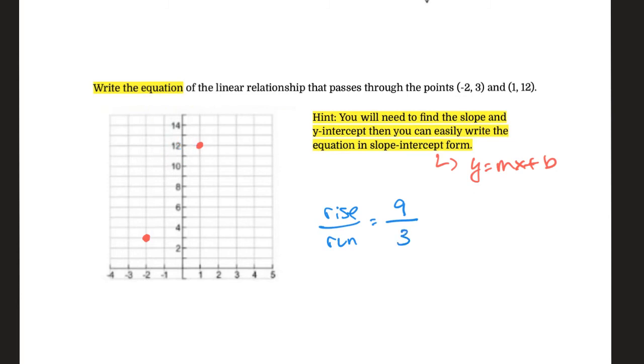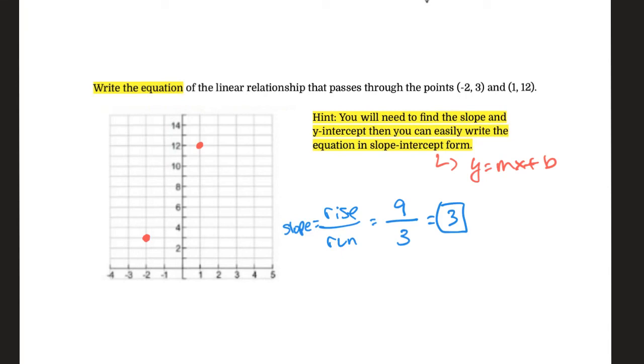So I ran 3. And then 9 divided by 3 is just 3. Man, we love our slopes of 3, don't we? Okay, so now we have our slope. Slope is 3. So now how are we going to find the y-intercept?